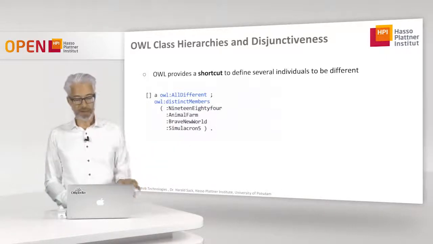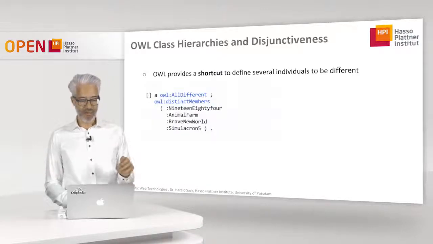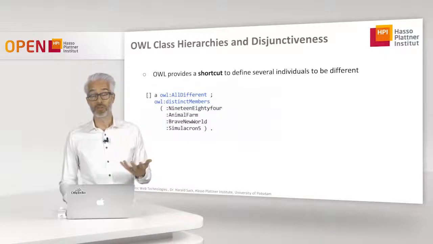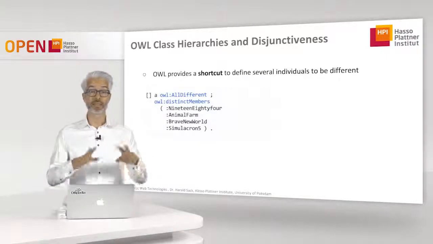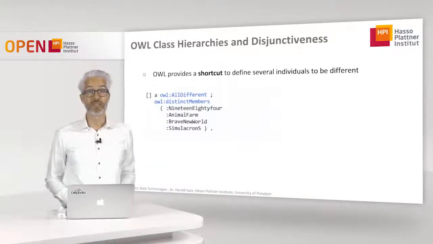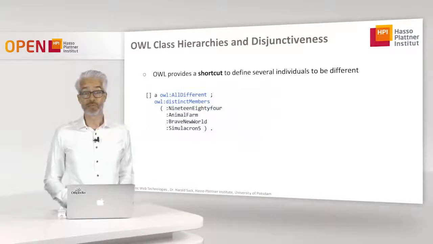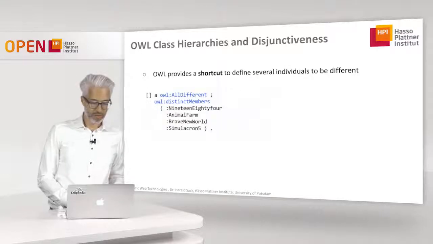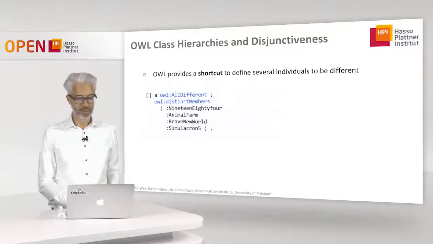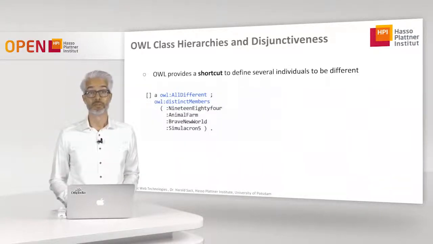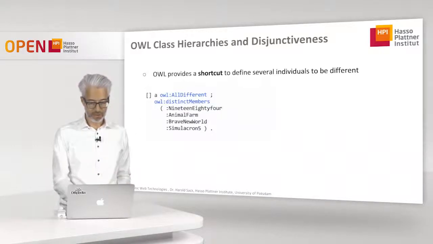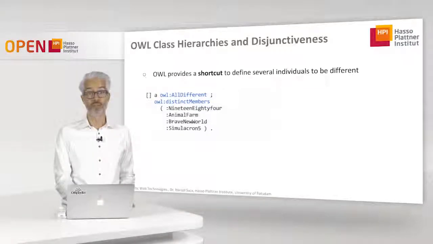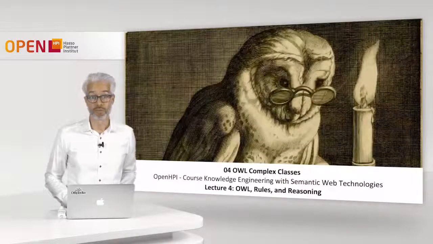You say a blank node is of type owl:AllDifferent, and you say this has distinct members, so all these members are distinct, and then in braces you enumerate all the members that are really different from each other. These are books, for example, like 1984, Animal Farm, Brave New World, and Simulacron 5. So this is a shortcut for declaring the distinctiveness of single individuals.